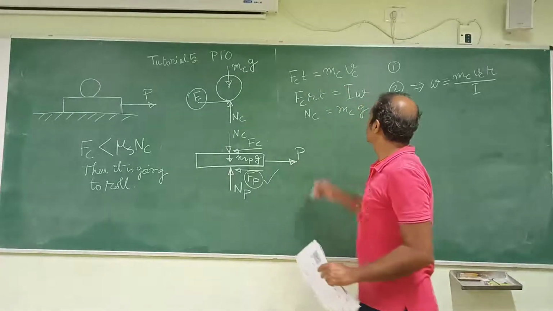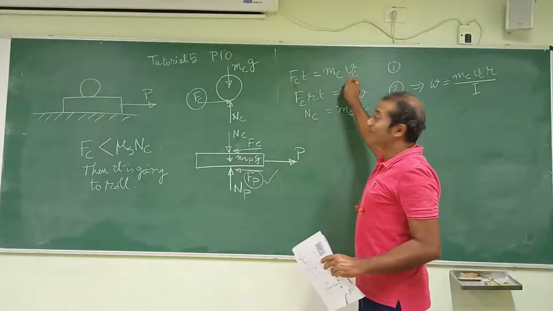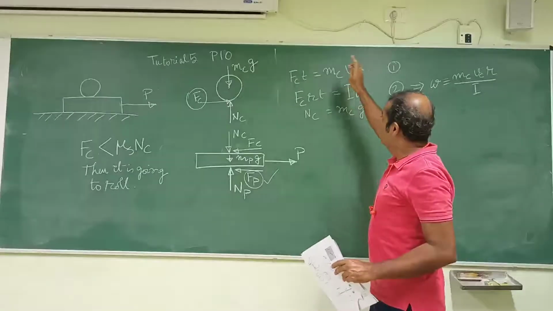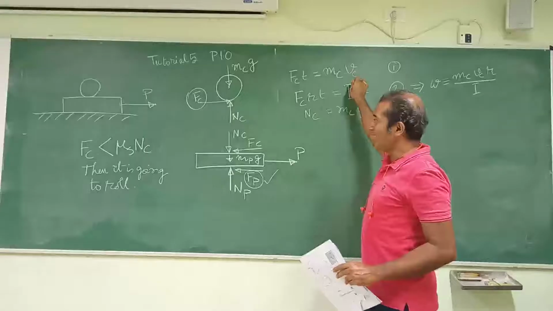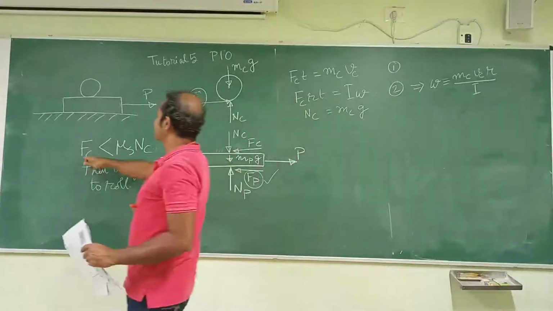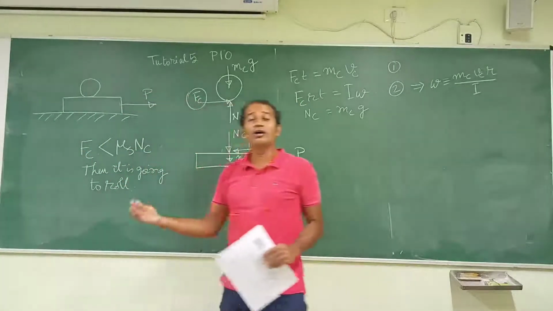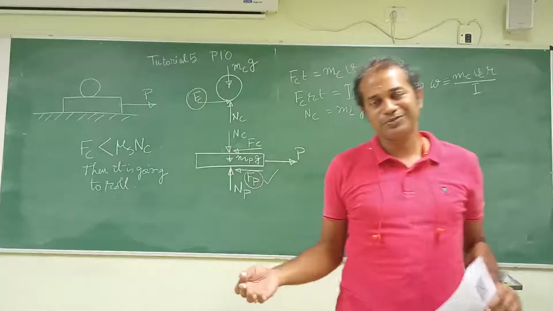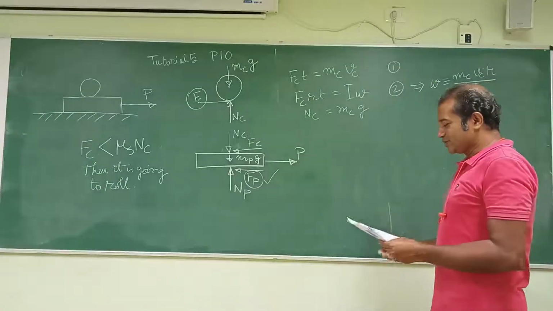Because I know this Fc is going to be dependent on the Vc. So my Fc is dependent on Vc, right? And I have to check this part in order to decide whether it is going to roll or slip. Okay, so this is one equation.